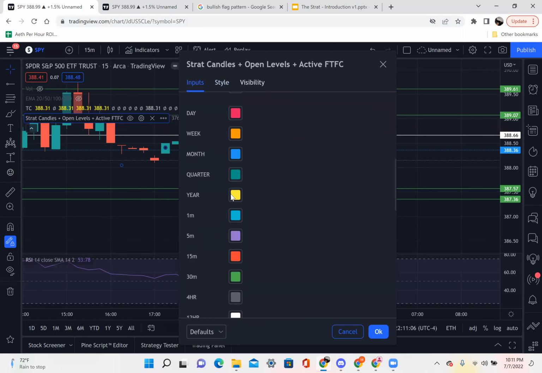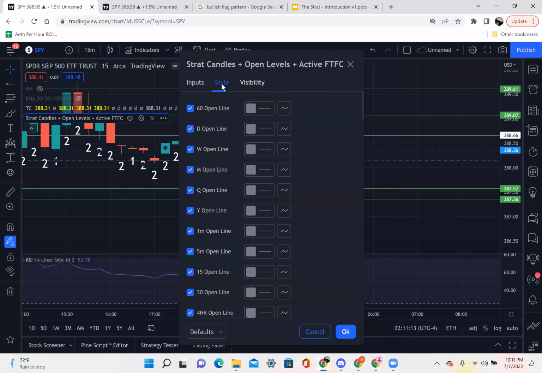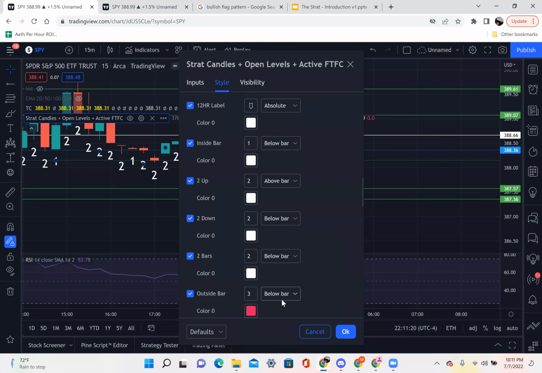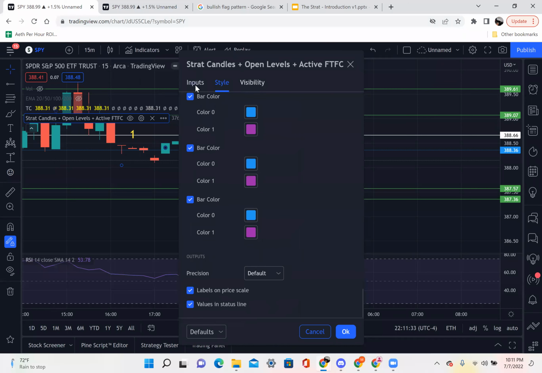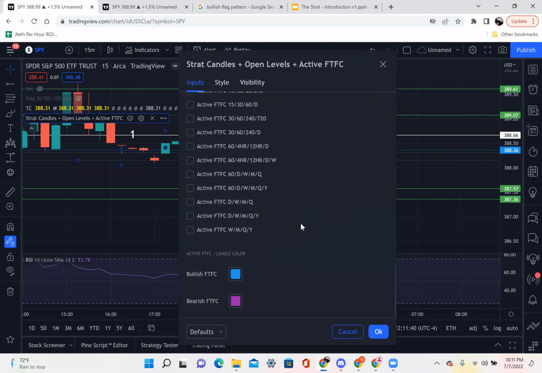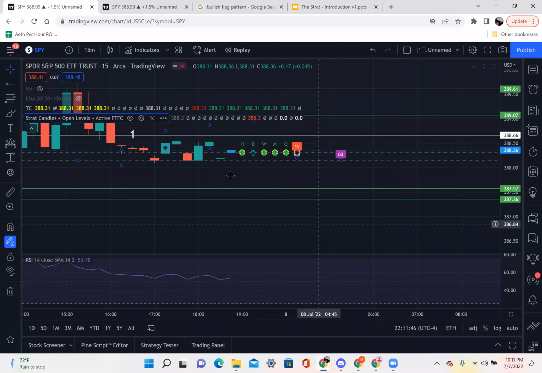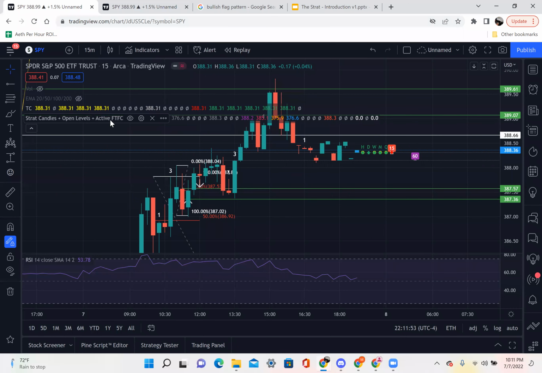Settings, inputs. Oh dang, I'm moving too fast.